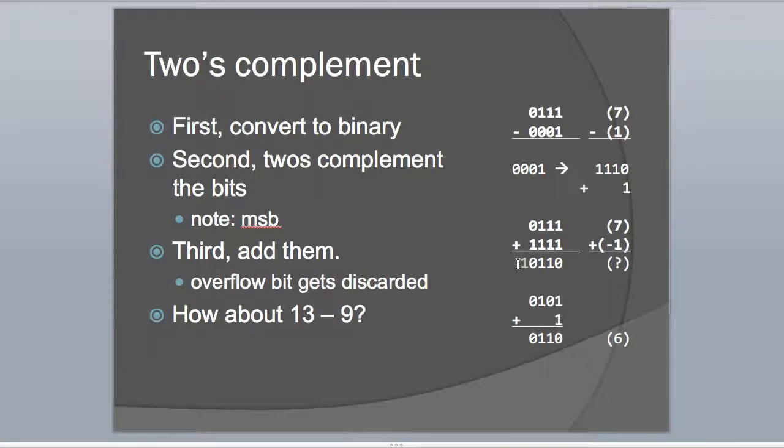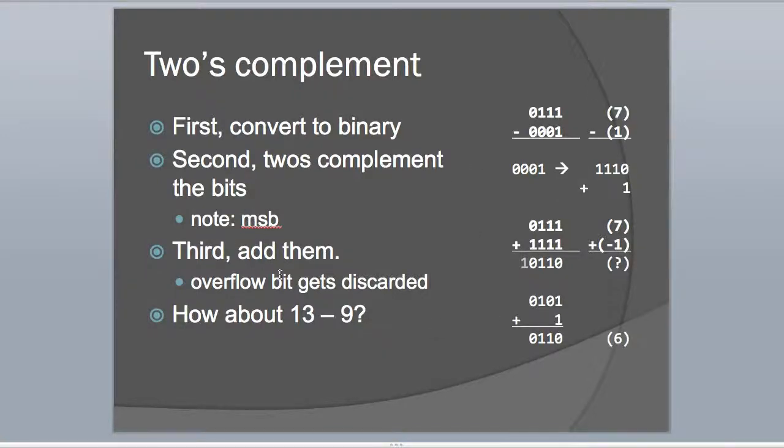And now we have our carry just like we did before, except for this time the overflow bit gets discarded. This is a cool thing, because now I don't have to create electronics to handle that overflow bit, to deal with it. So I've eliminated a step, if you will. It just goes into the bit bucket, as they say.